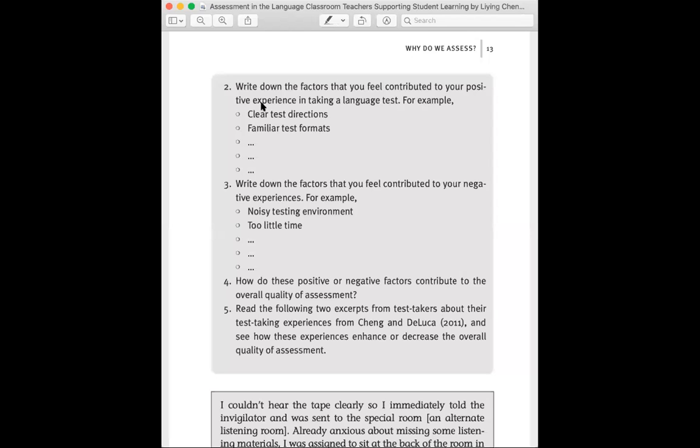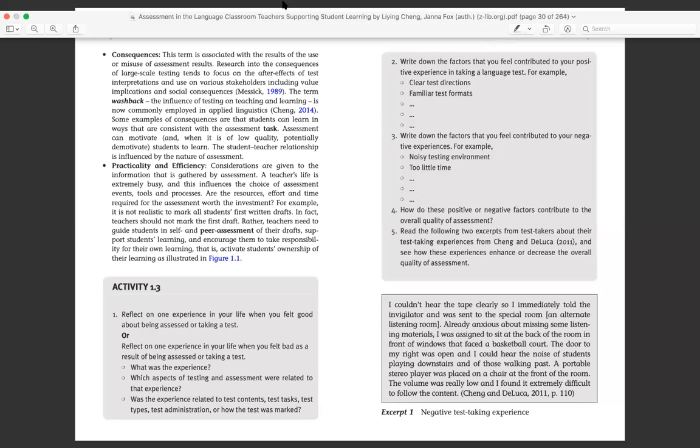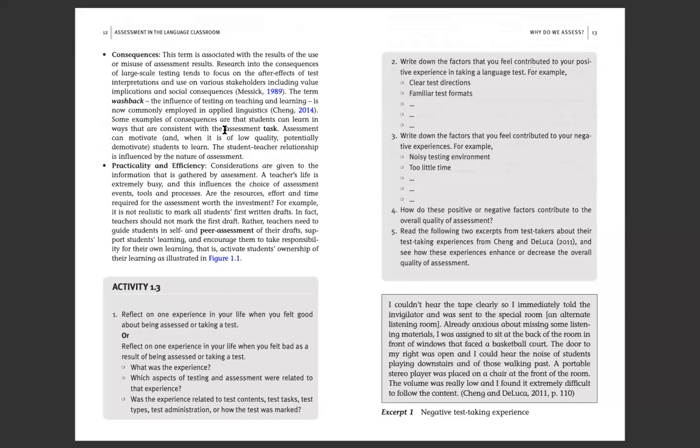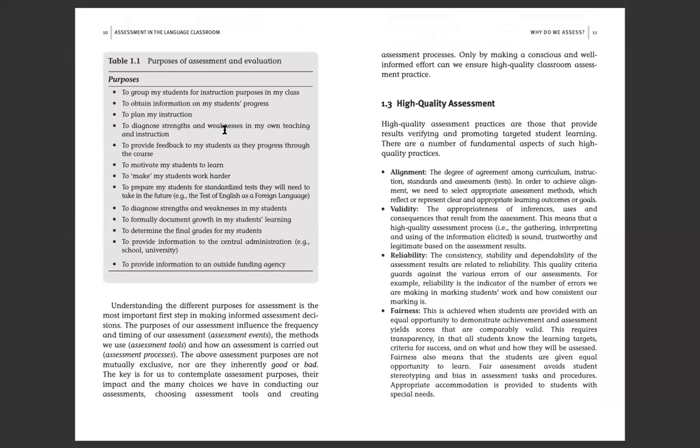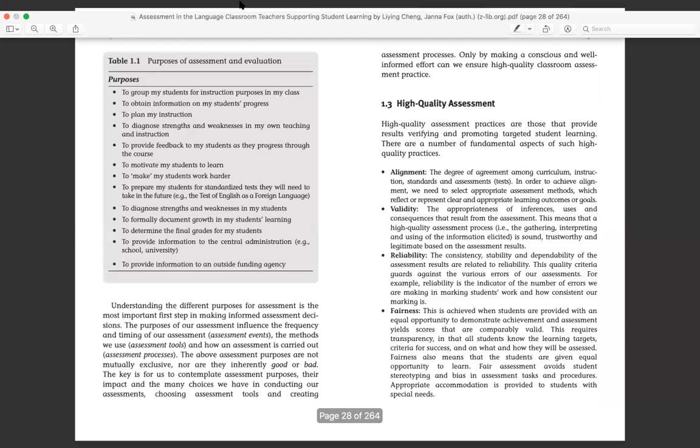To make sure that we're on the same page: page 9, activity number 2, you take the statements that are on page 10 and you put them in the boxes of page 9.